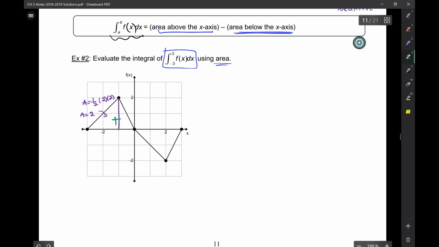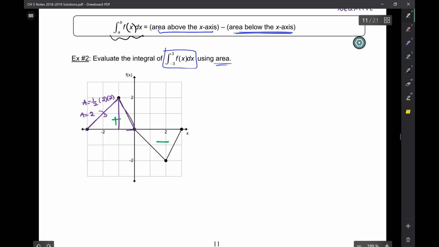This entire region is below the x-axis, so the area is negative. Oh, you know what? I don't know why I was trying to do two different ones. Let's just do the one triangle. I don't know why we would split it up.